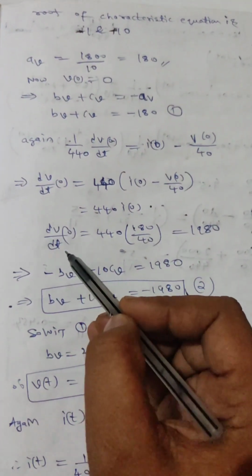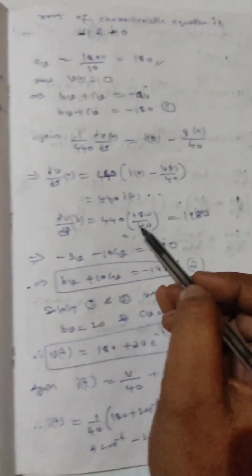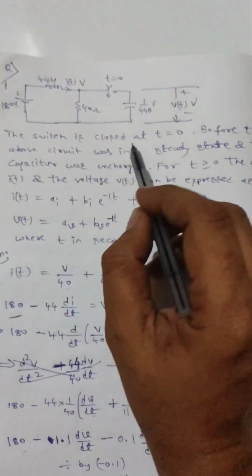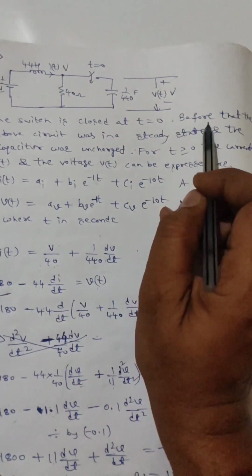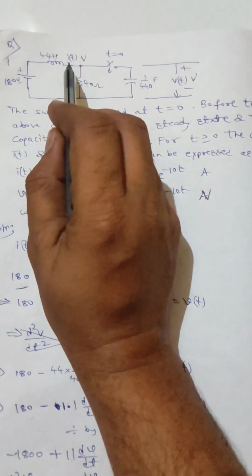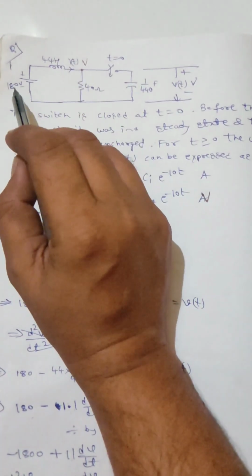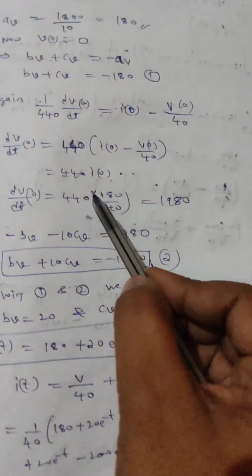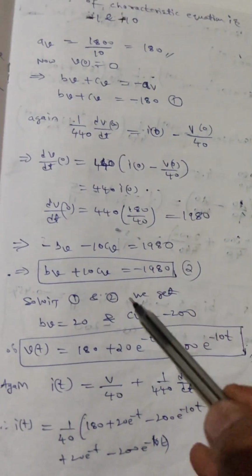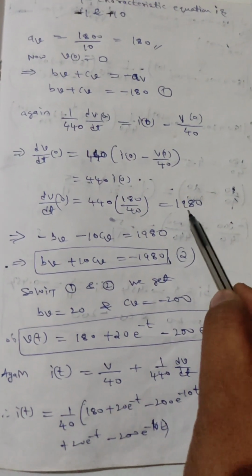Again, dV of 0 by dt is equal to 440 into I of 0. What is I of 0? The switch is closed at t equals to 0. Before closing the switch, the circuit was in steady state. Therefore at steady state, the inductor is a short circuit. Then what is the current I of 0 at that condition? I is equal to V by R, 180 by 40. That's why we wrote I of 0 as 180 by 40. By simplification, you will get 1980.